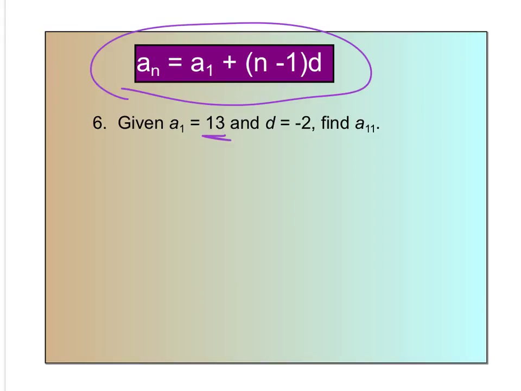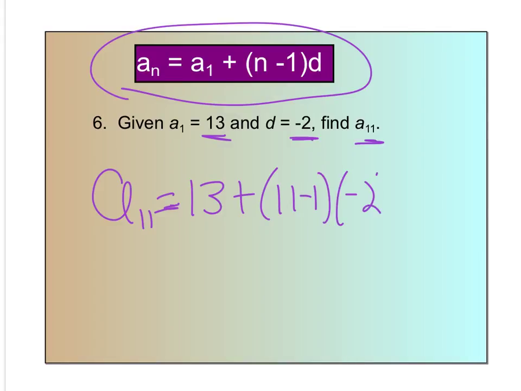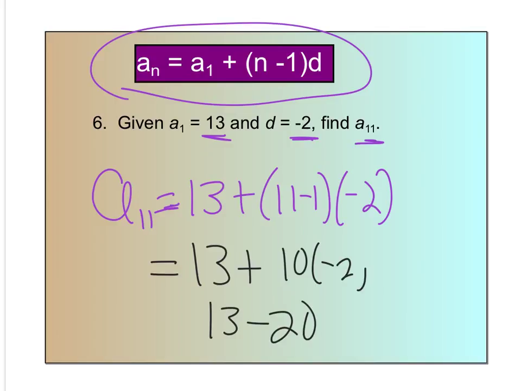Same kind of thing. Given your first term is 13, common difference -2, figure out a sub 11. This is a very basic one. They don't give us very much, but they give us just enough to figure this out. So a sub 11, first term is 13, plus n minus 1, so 11 minus 1, times -2. That gives me 13 plus 10 times -2, so 13 minus 20.